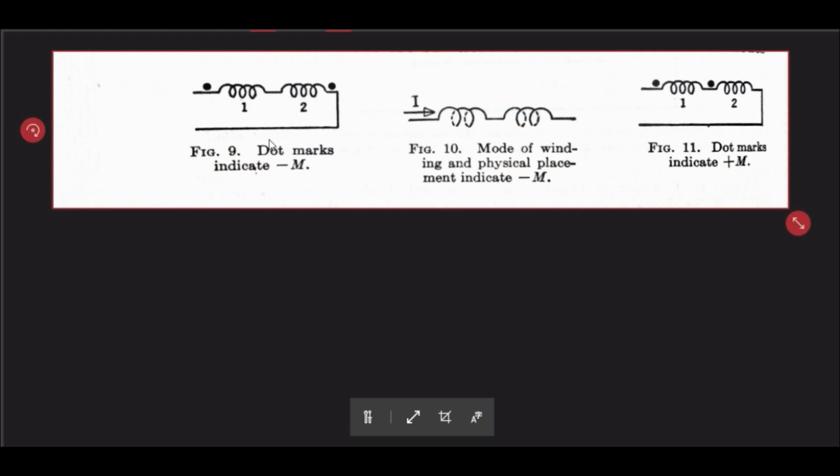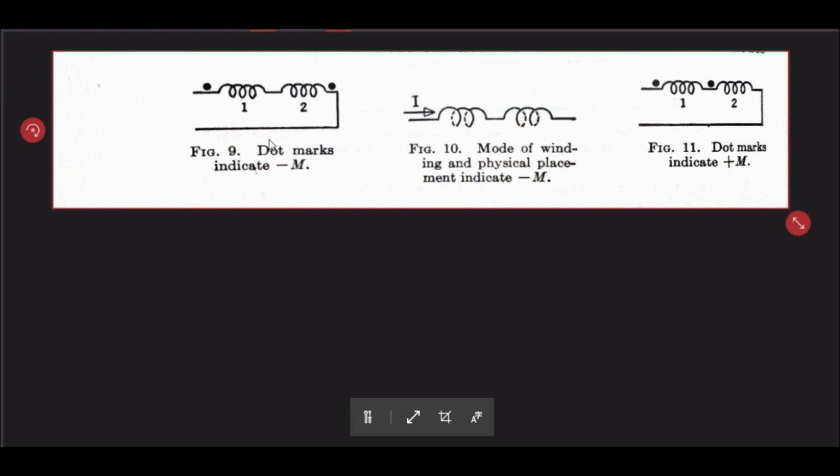Now the most important question here is that figure 9 and figure 11 almost look alike, because there is no visible difference we can spot between them.